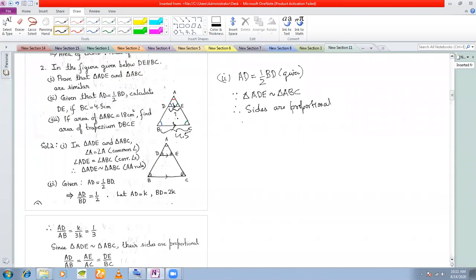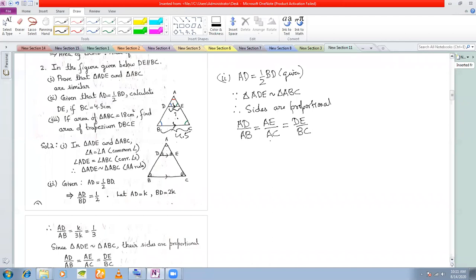You write down the proportional sides. AD by AB is equal to AE by AC is equal to DE by BC. Any doubts with the proportional sides? No problem.